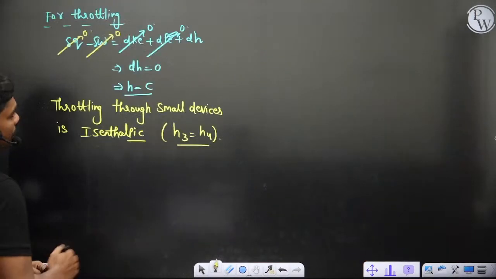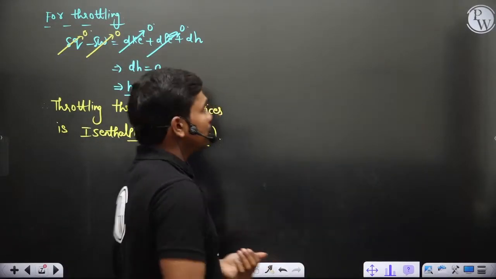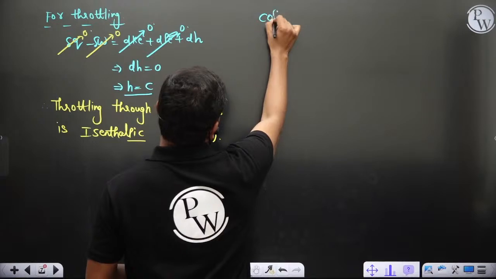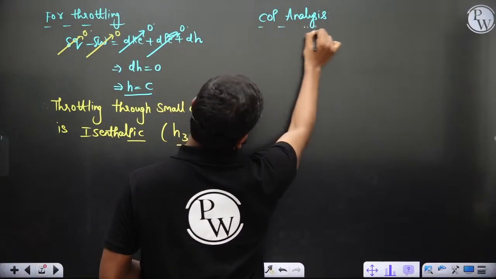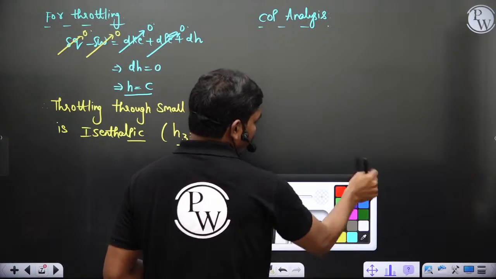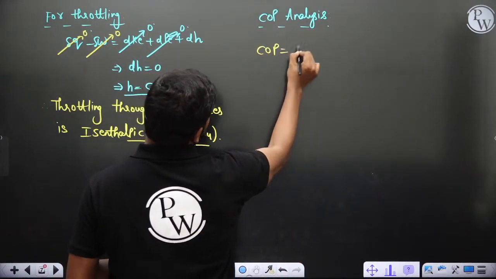Okay, now let us do certain mathematical analysis for calculating the COP of this cycle. So COP analysis, let us see in this case. Firstly, COP is equal to desired effect divided by work required.